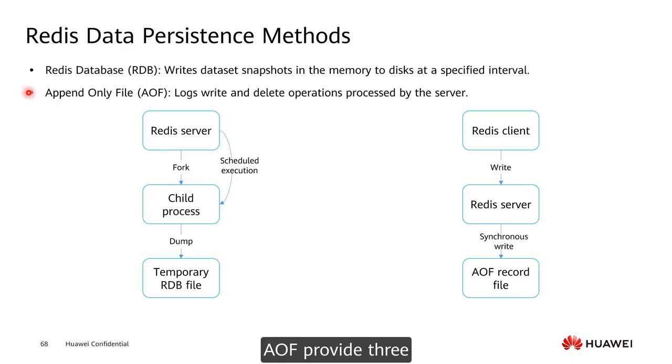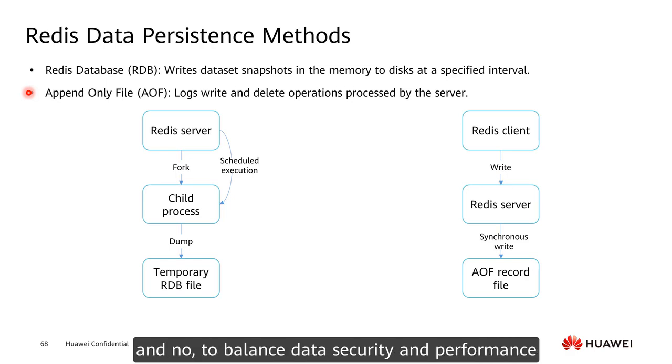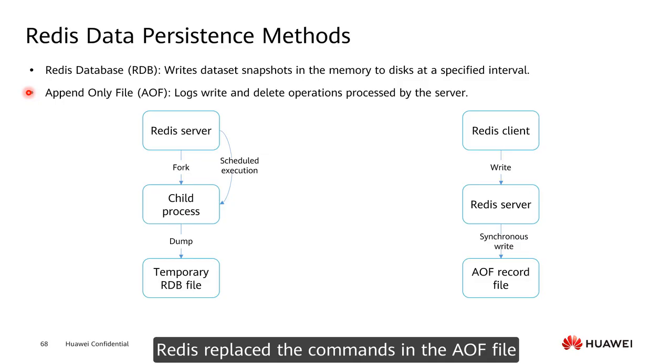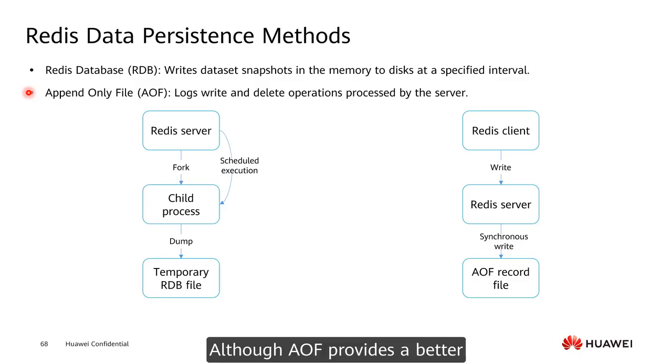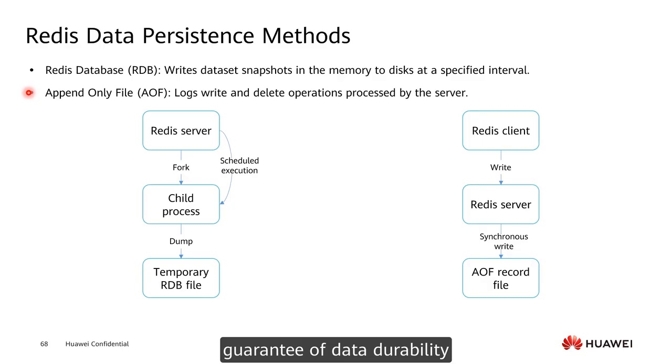AOF provides three different sync policies: always, everysec, and no, to balance data security and performance. During data restoration, Redis replays the commands in the AOF file to rebuild the data state. Although AOF provides a better guarantee of data durability, the file can grow very large over time, requiring a periodic AOF rewrite to compress the file size.